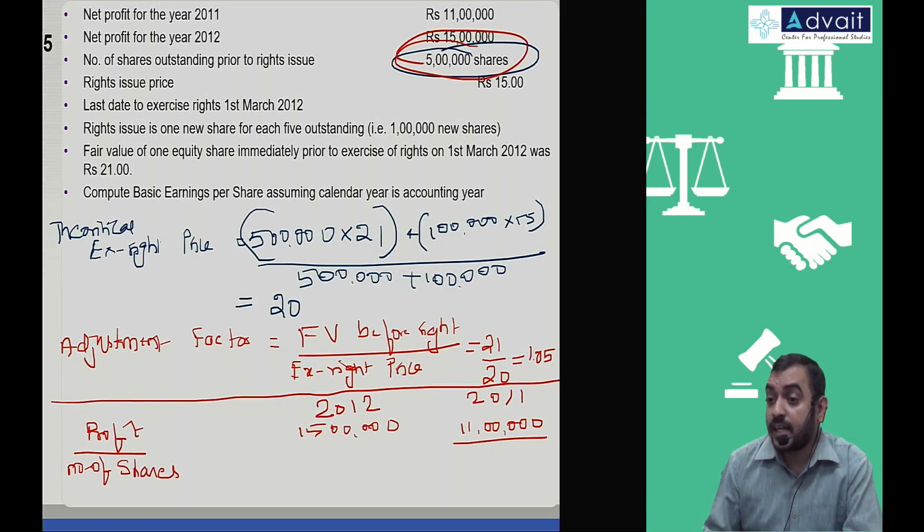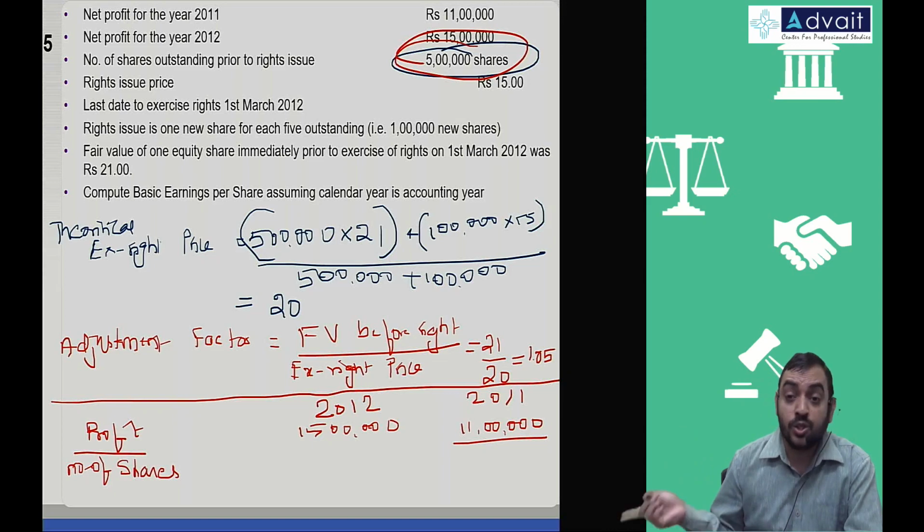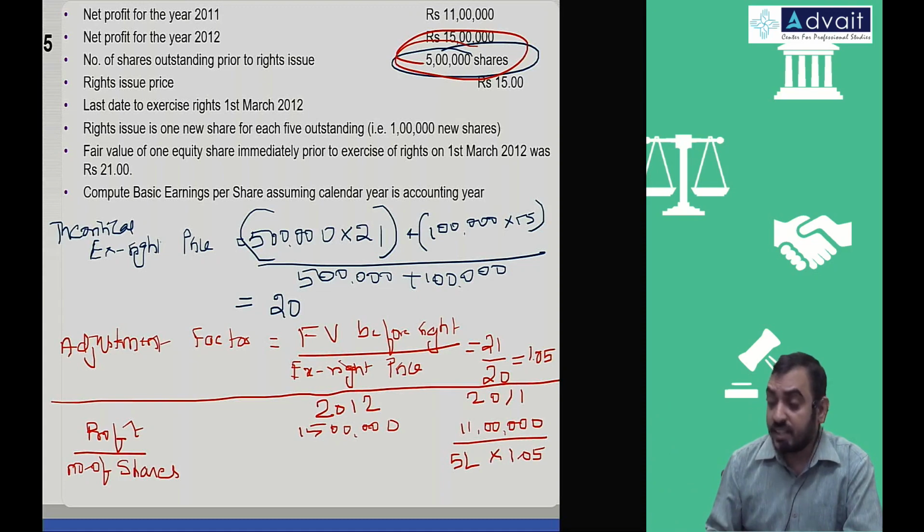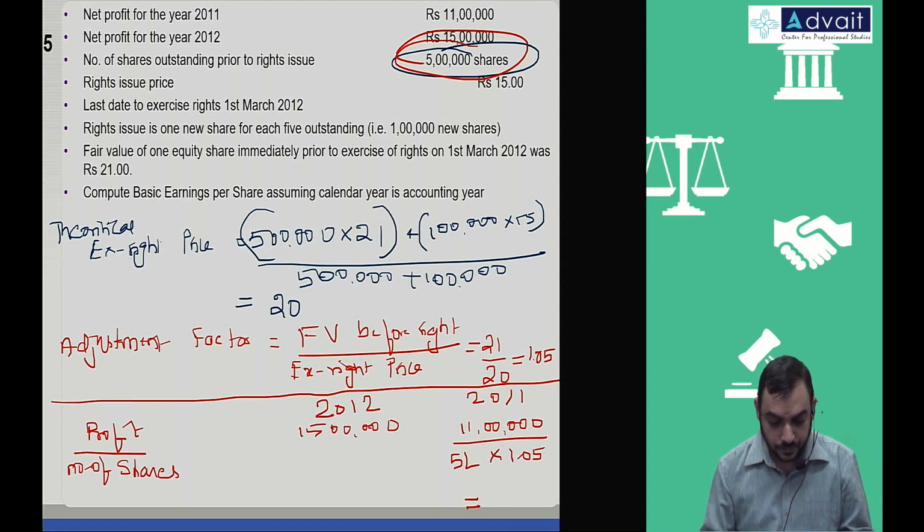You had 5 lakh, but this bonus element you have to consider even for the previous year. That means for the previous year I should take 5 lakh multiplied by 1.05. It's like bonus shares issued, even though the current year effect is from the first day of the previous year. So you get 5 lakh 25,000. So 11 lakh by 5 lakh 25,000, you get 2.1.